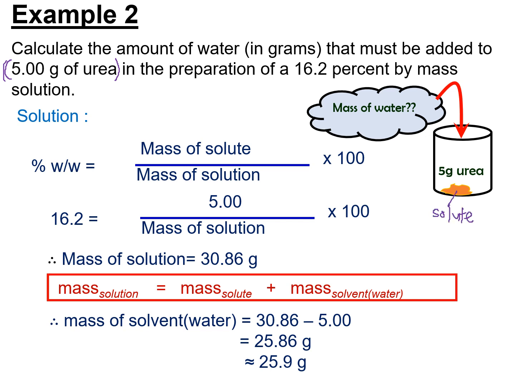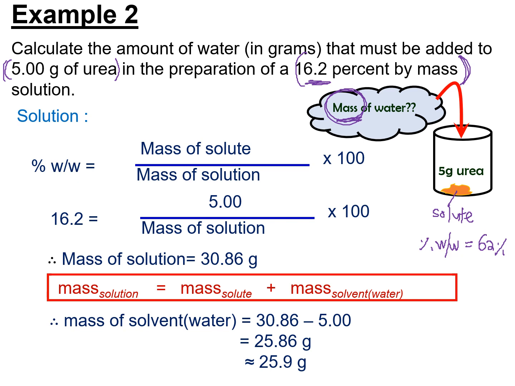Dia nak tahu berapa mass of water yang you perlukan untuk dissolve the 5 gram of urea if given dia punya percentage by mass of solution adalah 16.2%. So, berapalah dia mass of water ni yang diperlukan?